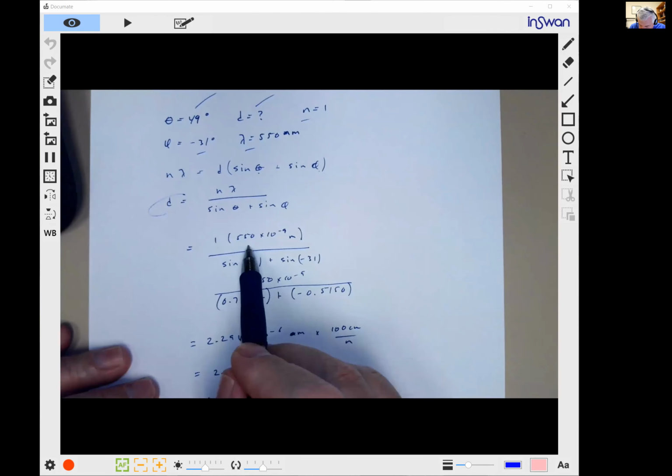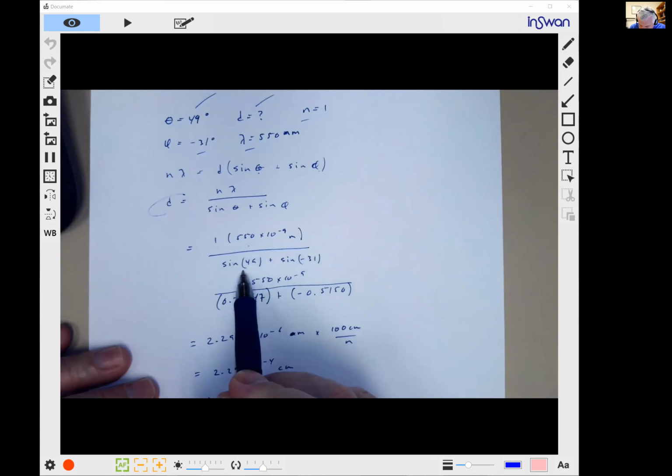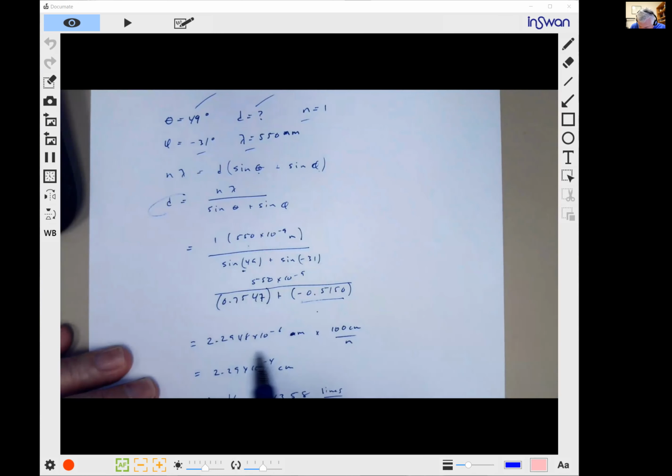There's 1 times 550 times 10⁻⁹ meters over sine I plus sine R, or sine theta plus sine phi. You plug in those values and you notice you've got a negative value there. That's okay. You just subtract them away.